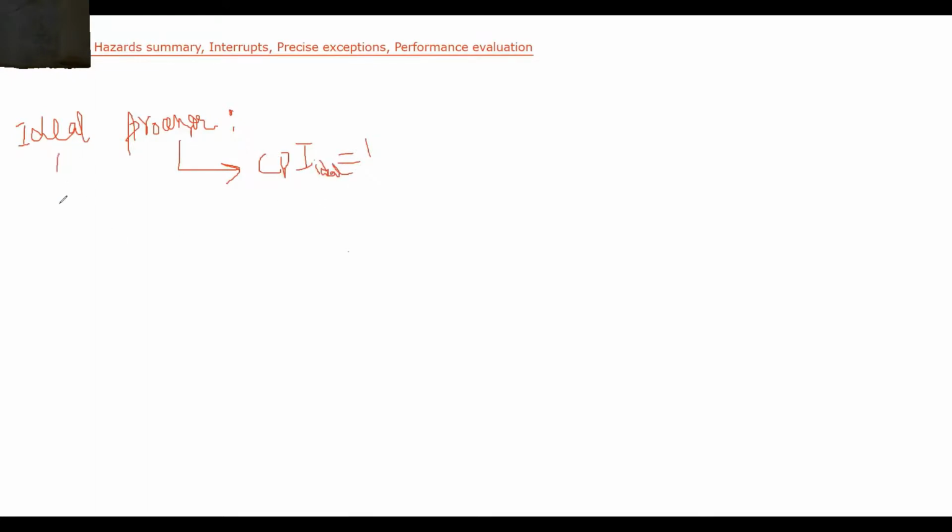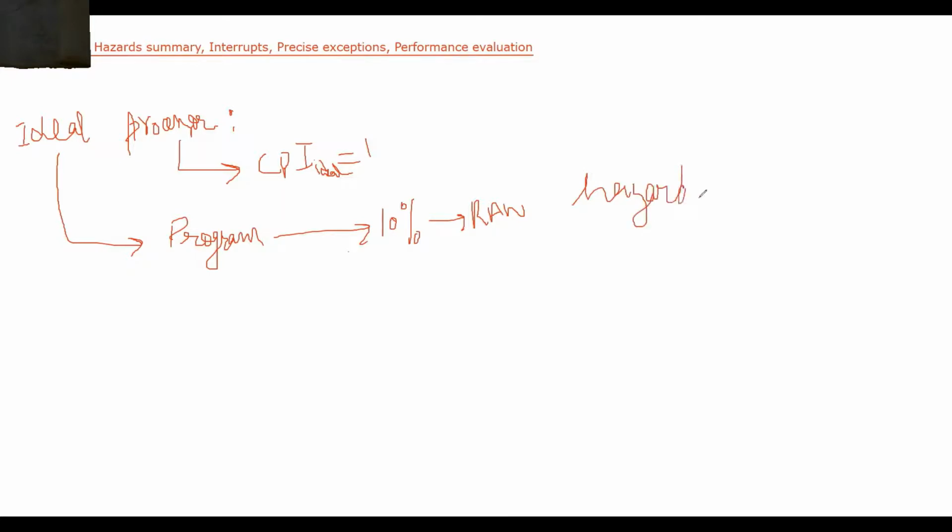Let's say on the same processor, now I am writing a program, and this program has 10% of instructions for which there is a RAW hazard. So what will be the CPI of this program on this particular processor?